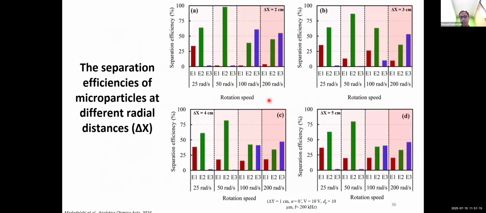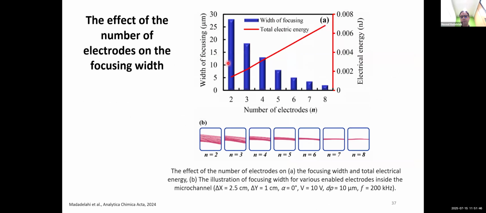For example, here you can see 4 different radial distances from 2 centimeters up to 5 centimeters, and you can see the number of particles that we have at different outlets of this microfluidic device, right? For example, in this case, when we have 50 radians per second, we have 100% focusing in this microfluidic device.